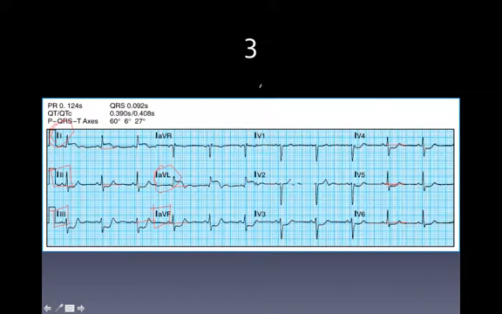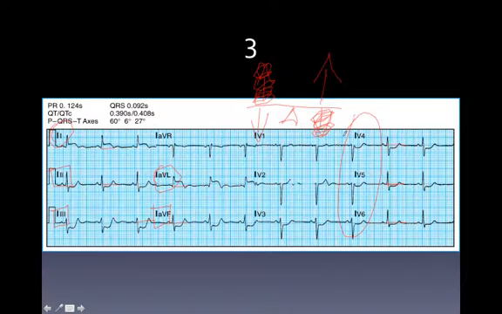And depression. Do I have a reciprocal change? My apologies. I have elevation in 1, AVL, and any of our V leads, and depression in 2, 3, and AVF. However, I still have a reciprocal change. There's also some elevation over here in 4, 5, and 6 that I probably need to watch. This could be a partial wall thickness that's developing currently.